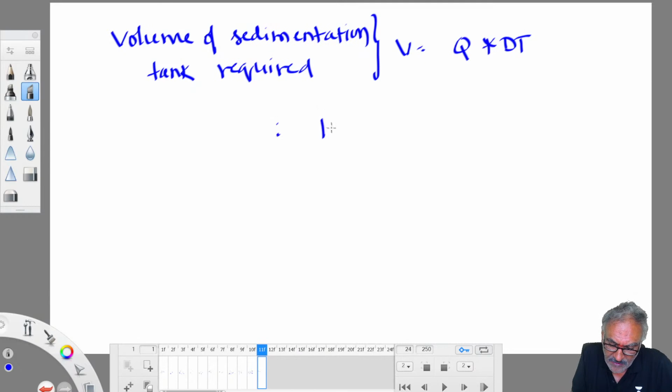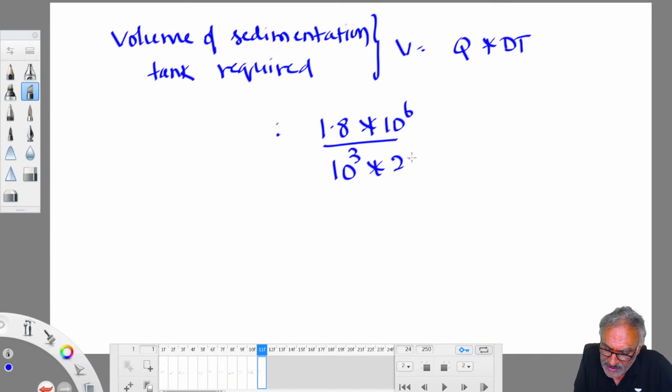Q is given as 1.8 MLD. For our convenience, we are converting this into meter cube per hour. So 1.8 MLD, if you multiply with 10 power 6, this becomes liters per day. To convert this into meter cube, divide by 1000, now meter cube per day. To convert this into hours, divide by 24. Now it is meter cube per hour.